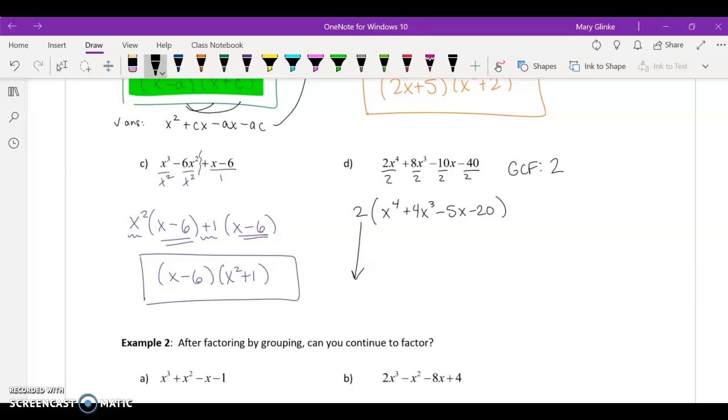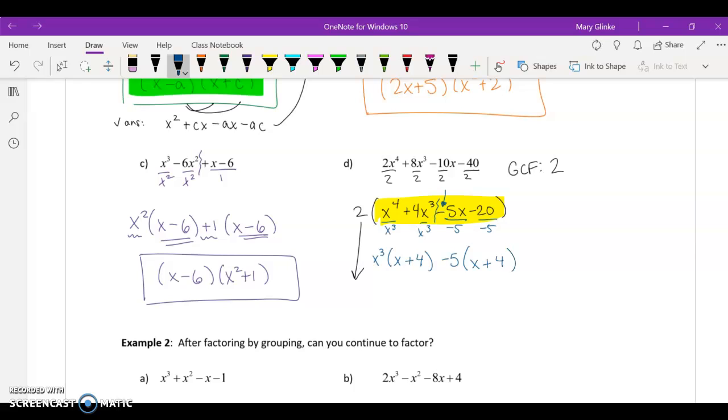But now when I'm factoring the rest of this part, I'm just going to disregard it for right now. So I'm going to chop this in half. The first 2 terms have x cubed in common. So if I divide by x cubed, I'd be left with x plus 4. The next 2 terms have a 5 in common, but because it starts as a negative, I'm actually going to divide each of those by a negative 5.